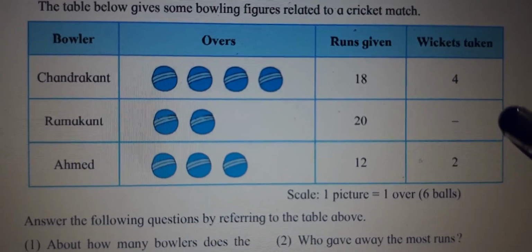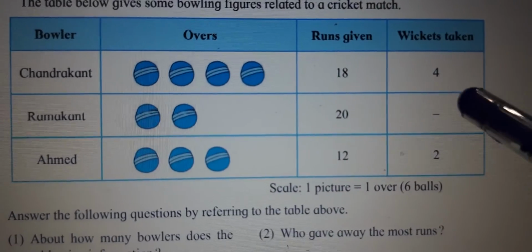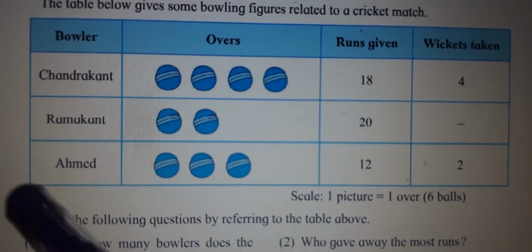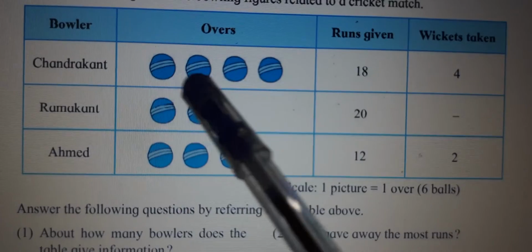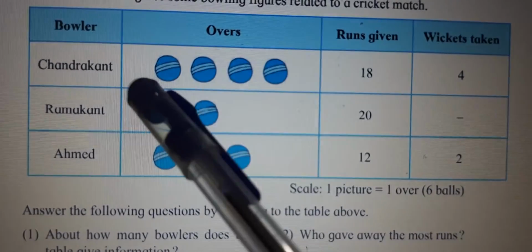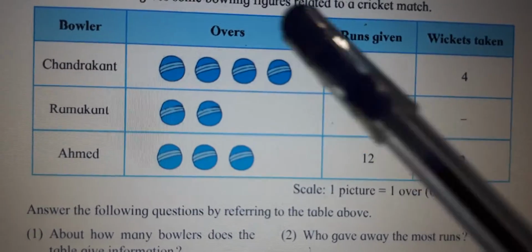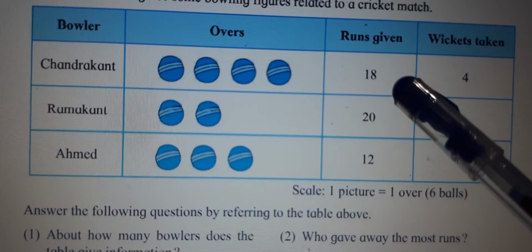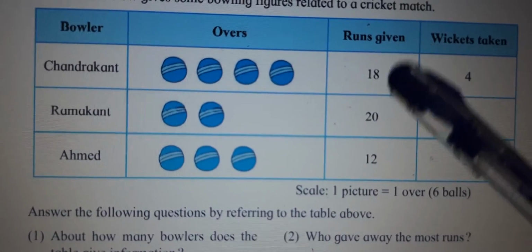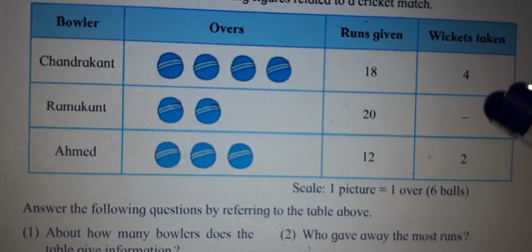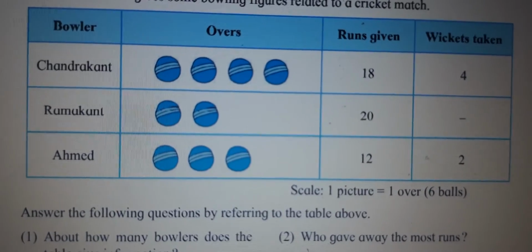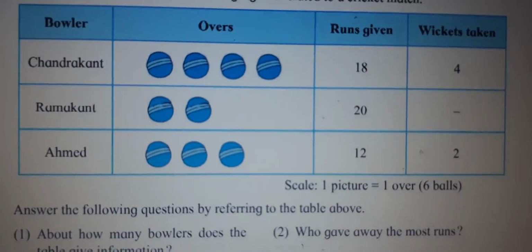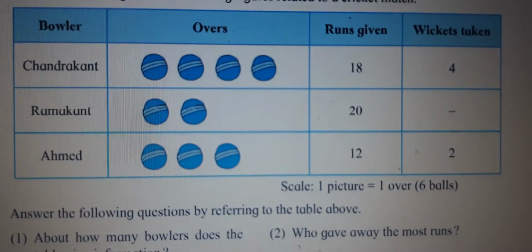And wickets taken, 4 wickets. Chandrakant is the bowler. So different batsmen must have batted. The overs are 4, and he has given 18 runs. The batsmen could take 18 runs. And Chandrakant has taken 4 wickets. That means he got 4 batsmen out.